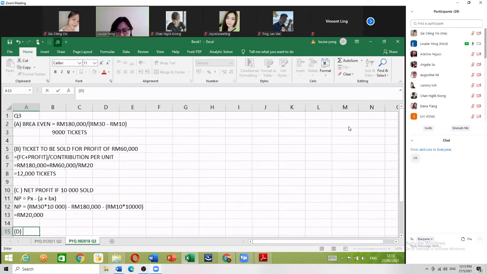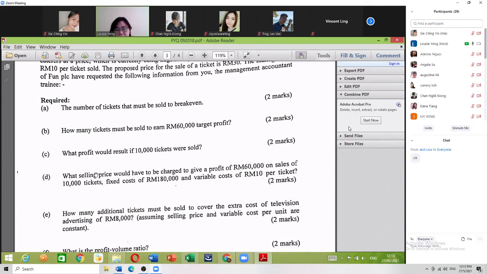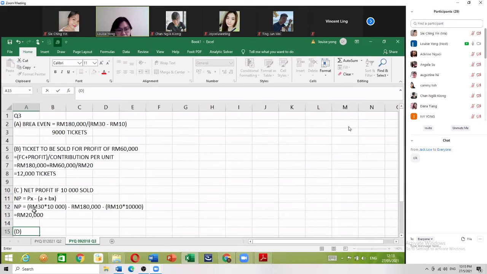Okay, D. What selling price would have to be charged if you want to earn a profit of 60,000 and sell 10,000 tickets, fixed cost 180,000, variable cost $10 per unit? What is your selling price? This question asks you what P is.